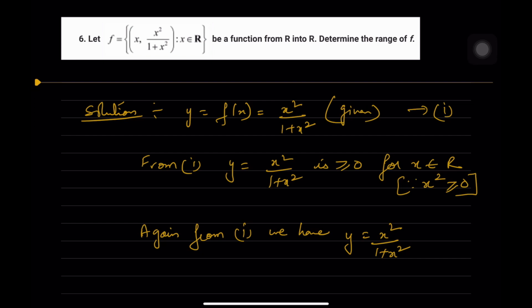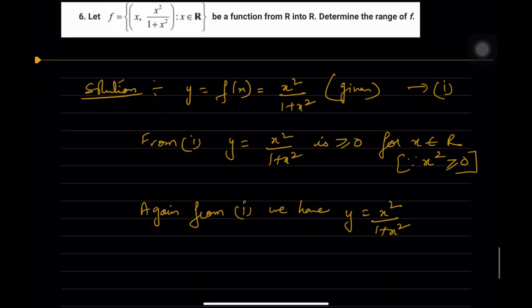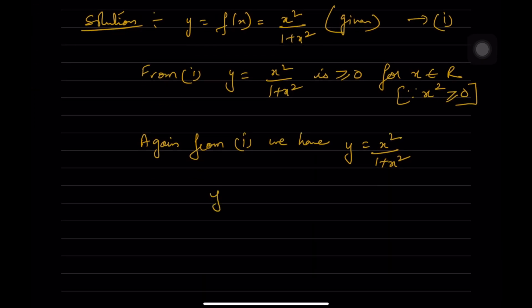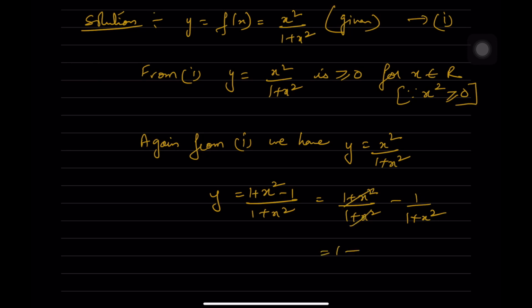We add and we subtract 1 for this, so y is equal to x square plus 1 minus 1 by 1 plus x square. We are adding a 1 and subtracting 1, which can be written as 1 plus x square by 1 plus x square minus 1 by 1 plus x square. So this is equal to 1 minus 1 by 1 plus x square.